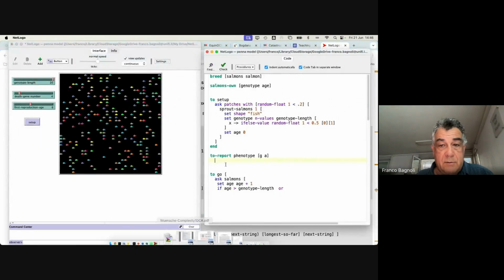So for instance, we can report reduce sum item into S plus if-else value.